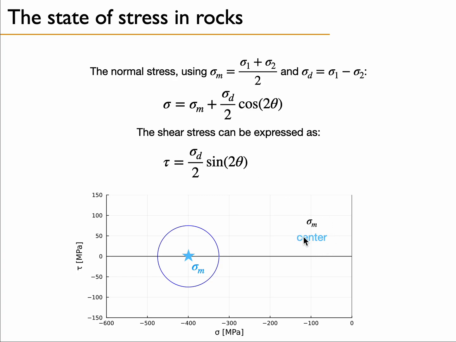The center is defined by sigma m, so the shift of the locus of the center of the circle is the value of sigma m. And then we have a radius to define the circle, and the radius is what multiplies the trigonometric function, so it's sigma d divided by 2.